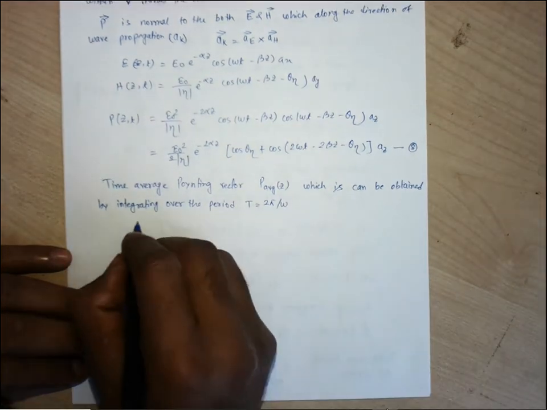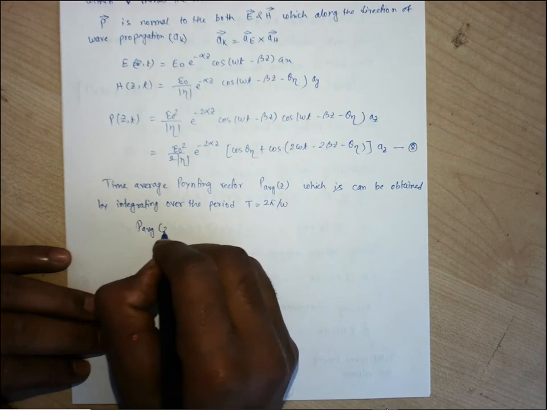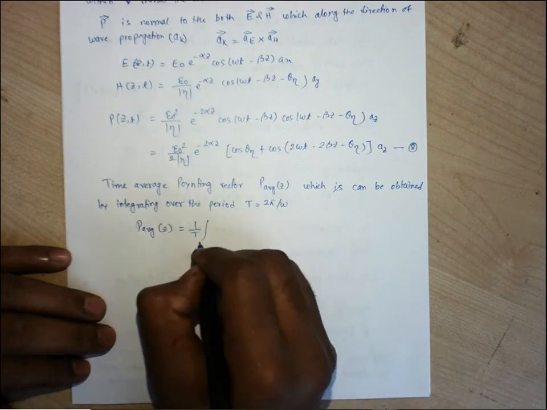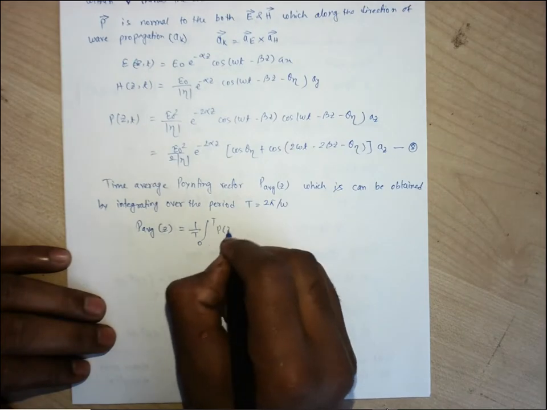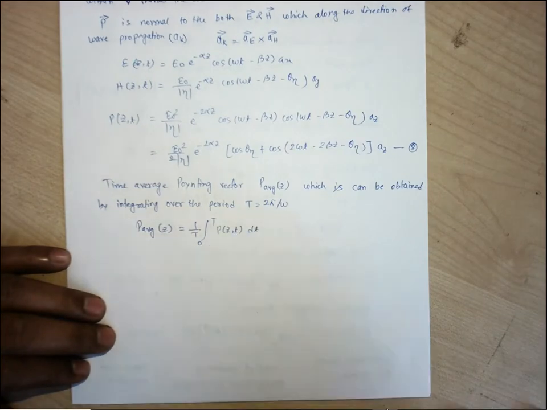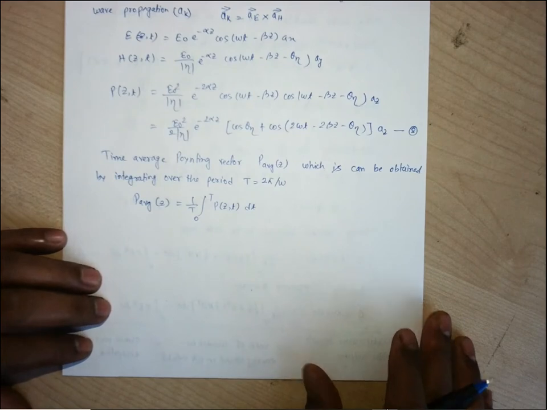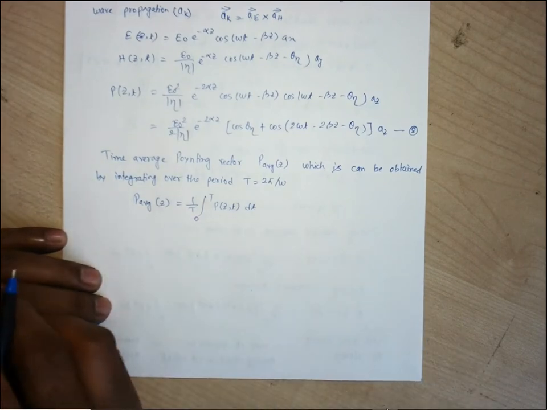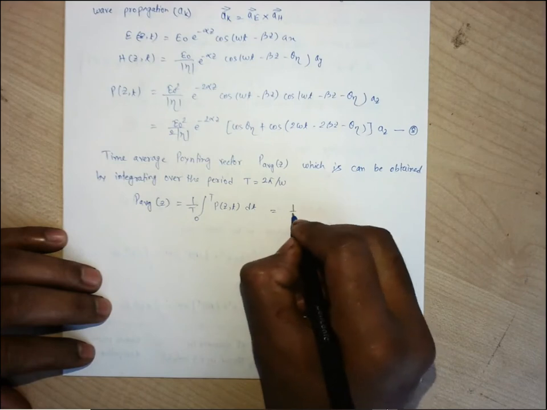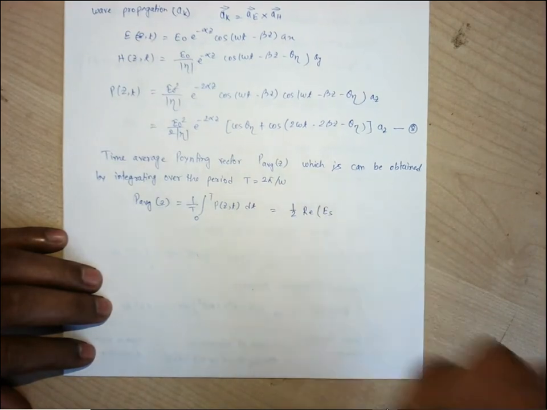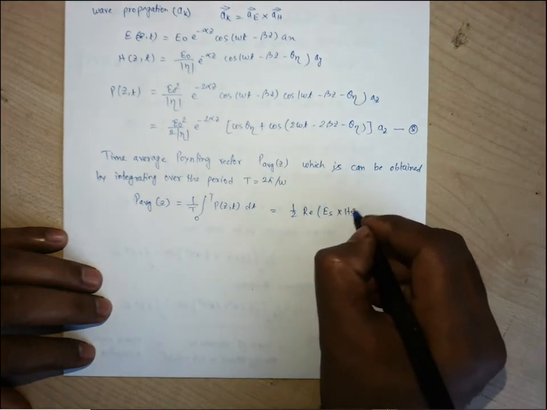We need to take the average of this instantaneous value from 0 to T. This average value can be found as half of the real part of E cross H S conjugate, taking the phasor form.